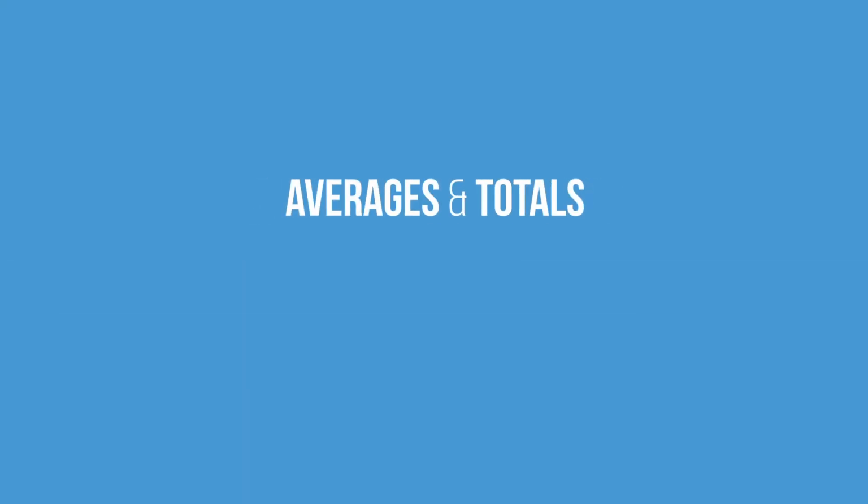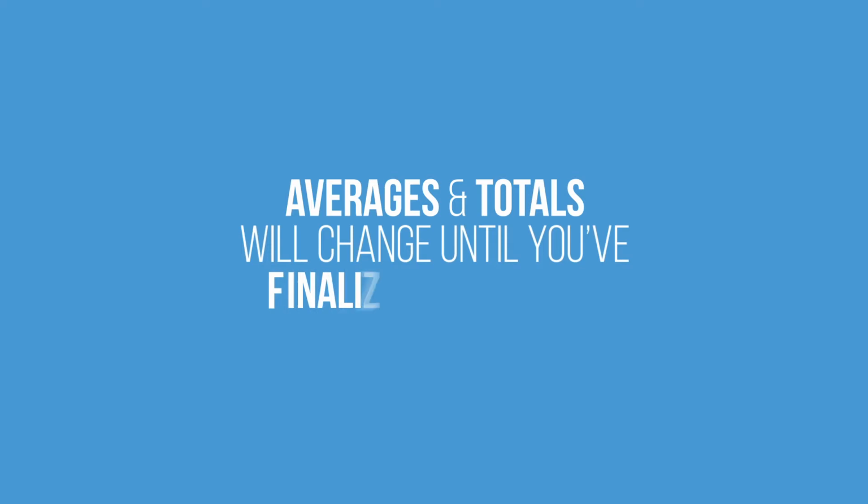It calculates each student's total points in the domain and the class's average score for each of the items. These totals and averages reflect whatever has been entered into the system at the time you downloaded the report, even if you've only entered a few scores. This means you can always use your data right away. Just be aware that the averages and totals will change over time until you've finalized all scores.